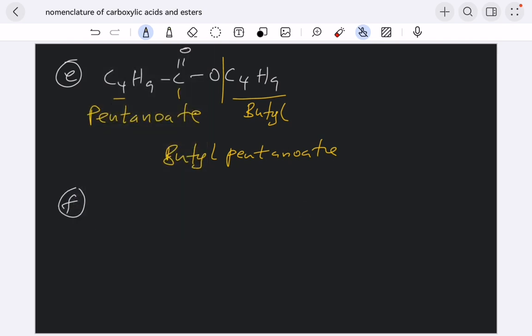One last example. Let's say we have C4H9, C, O, then this is C, 2CH, 2CH3.